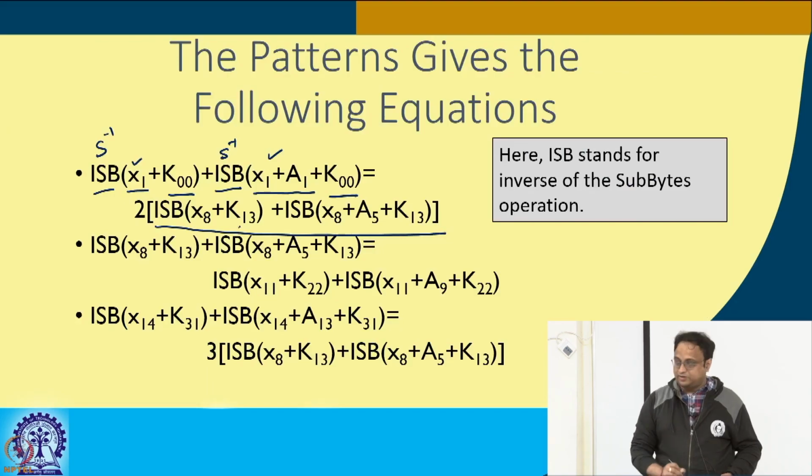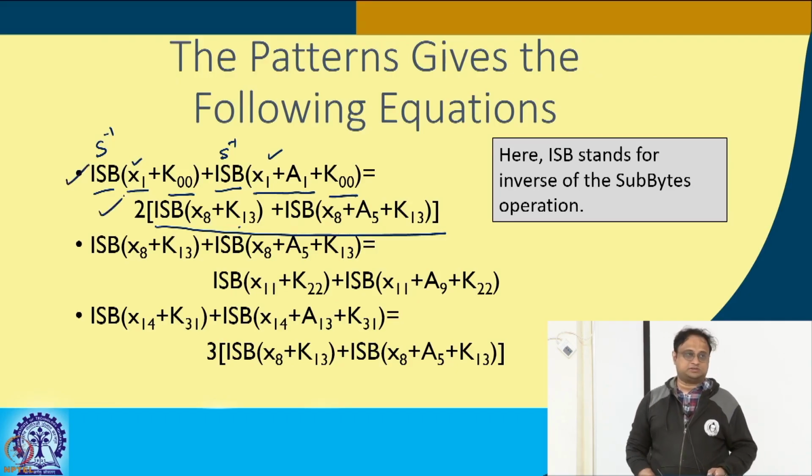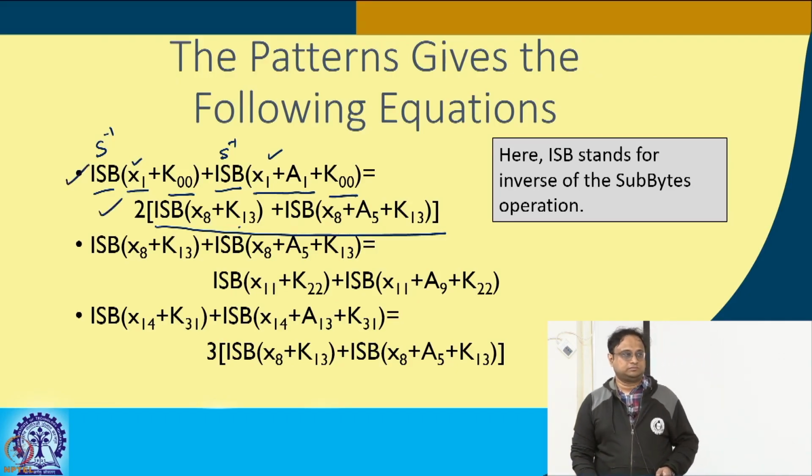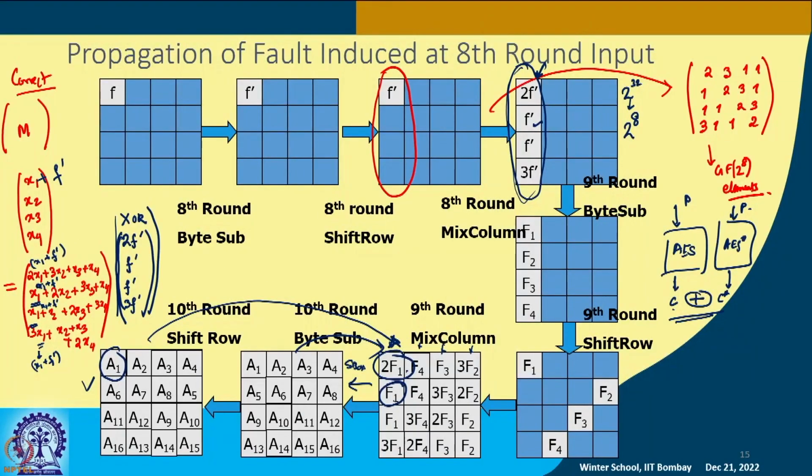For this I need to make another guess, another guess of another key byte, and then I verify whether this is equal to 2 times this. Likewise, I can also verify whether this is equal to this and whether this is equal to 3 times this.